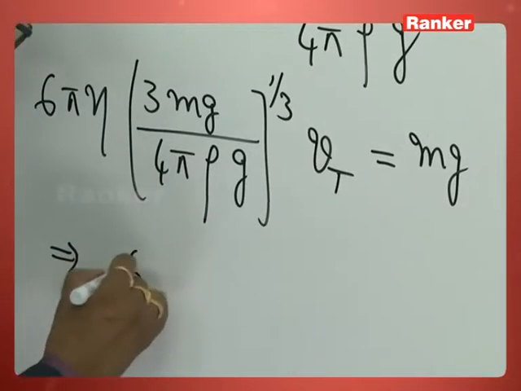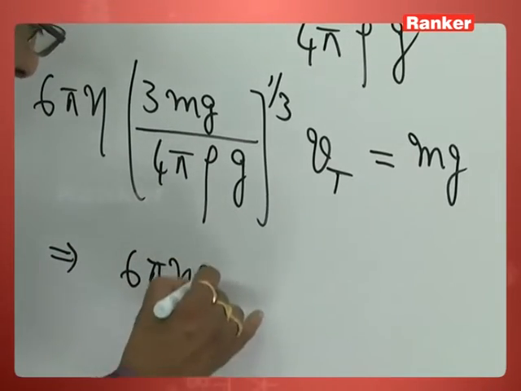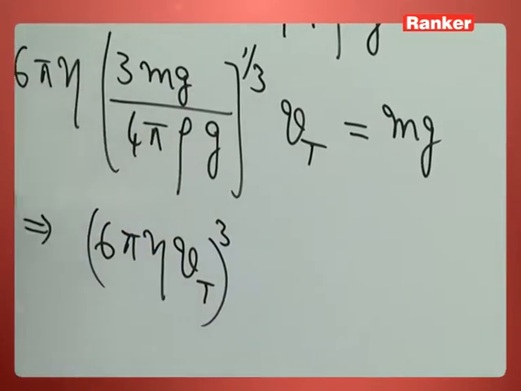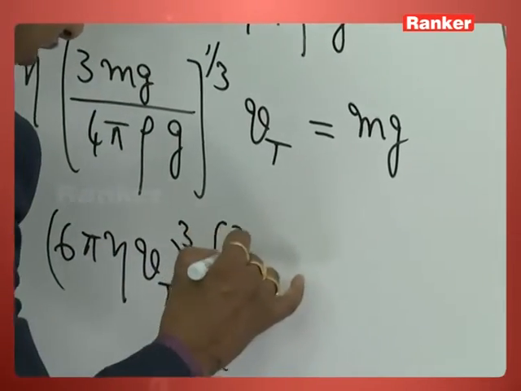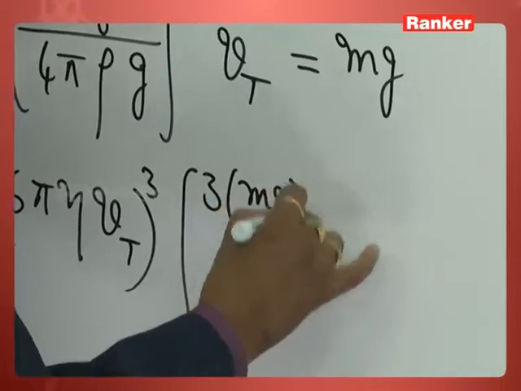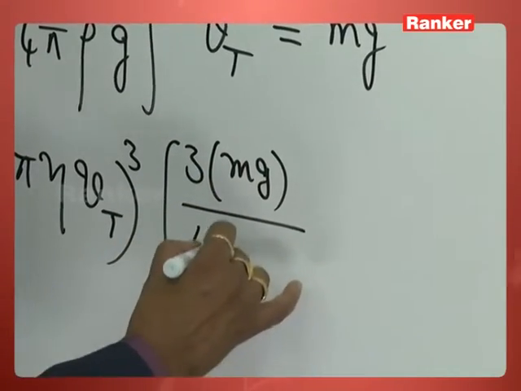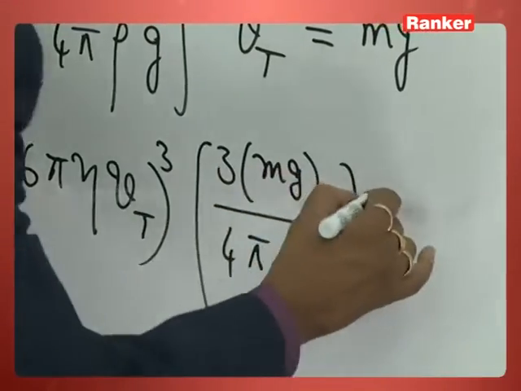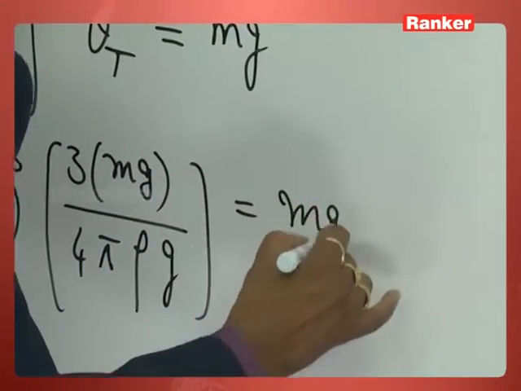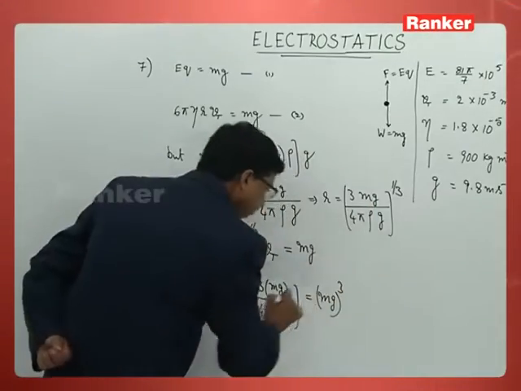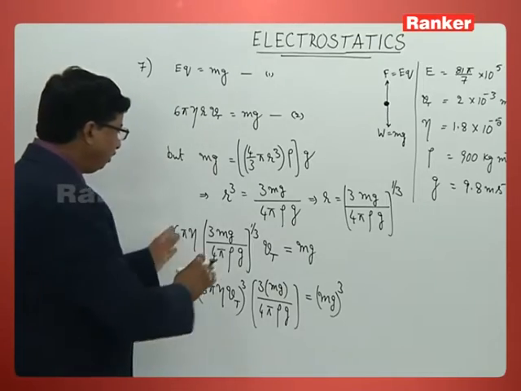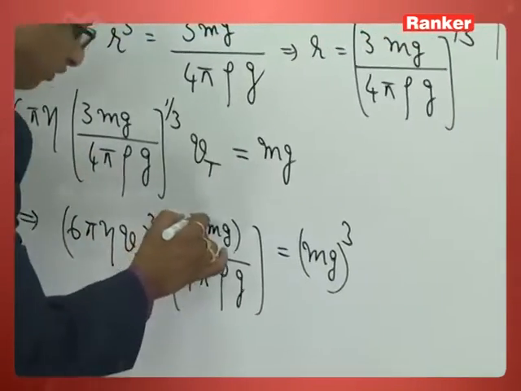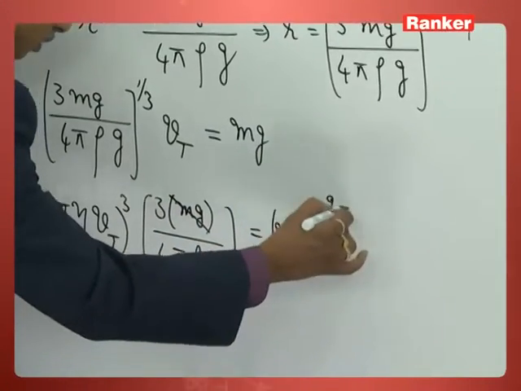You can write 6 pi eta into terminal velocity whole cube into 3 times mg divided by 4 pi rho into g is equal to mg whole power 3. I have just taken the cube on both sides. Now you can certainly understand 1 mg cancels over here.